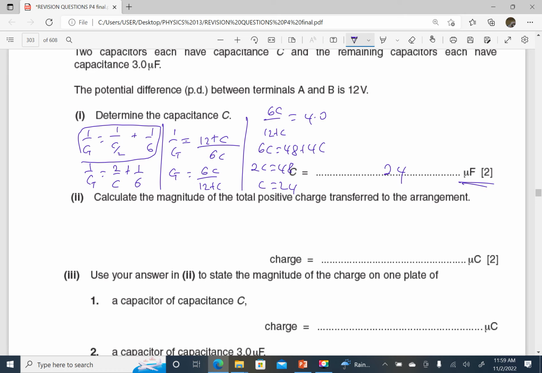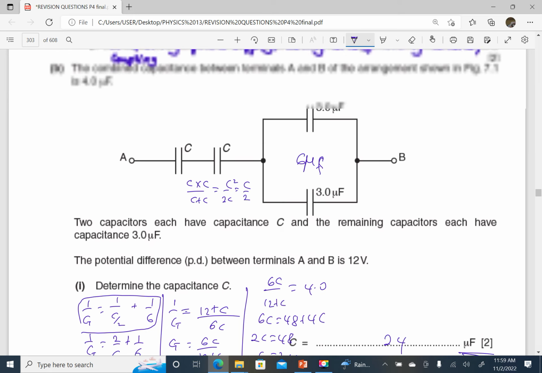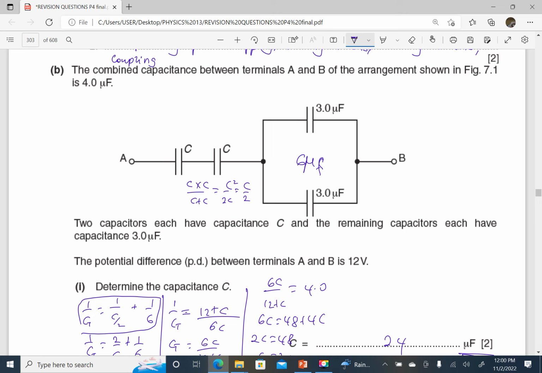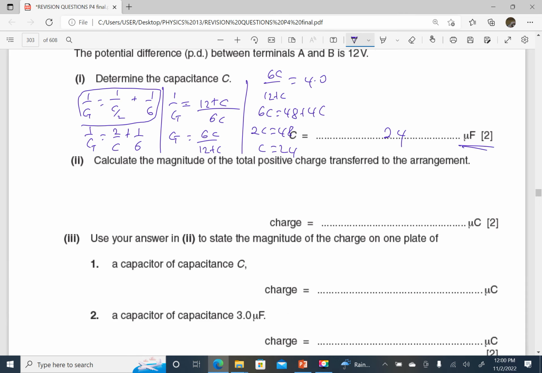Calculate the magnitude of the total positive charge transferred to the arrangement. Magnitude of the total positive charge. All the positive charge appears on the what? The capacitors in series. All the total charge appears on the capacitors in series. So total charge is going to be total capacitance times total PD.